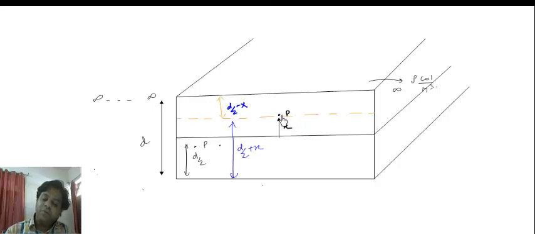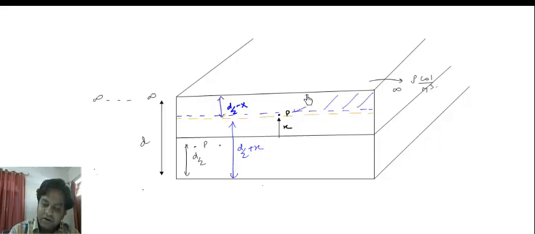Then I can consider this point to be stuck in between two slabs, one of thickness d by 2 minus x, and the other of thickness d by 2 plus x. So I can consider that this point P is just sandwiched in between these two slabs.